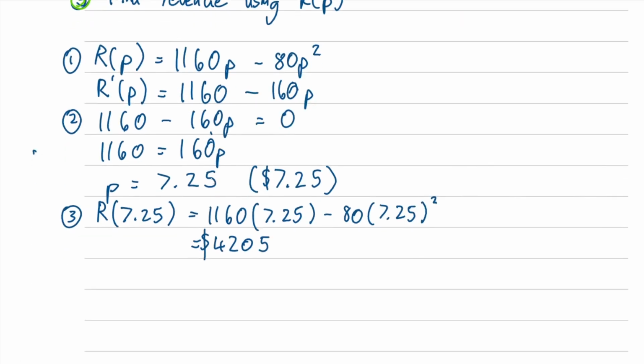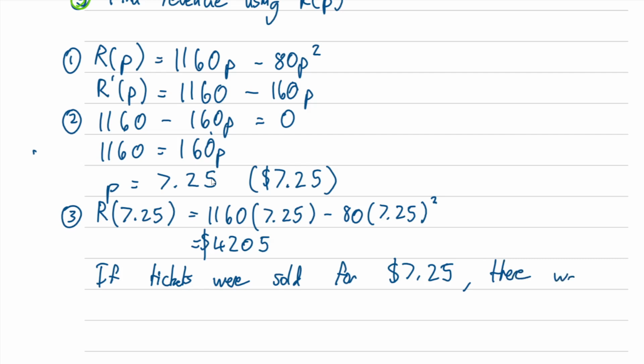And just to write a short conclusion, if tickets were sold for $7.25, there would be a maximum revenue of $4,205.